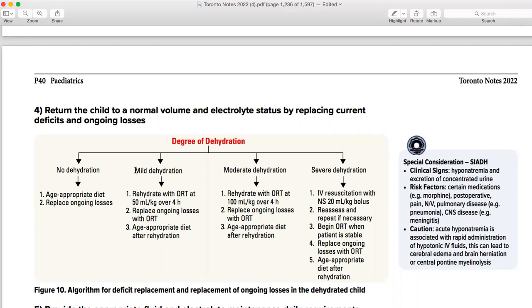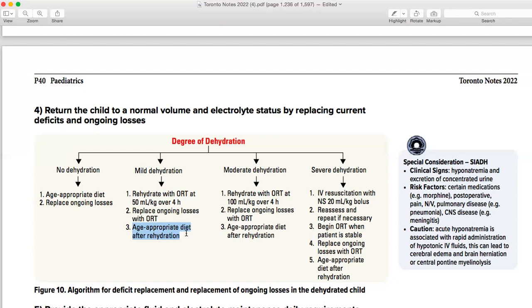Now comes the mild one. For mild, you have to start with rehydration with ORT, then replace the ongoing losses, and then an age-appropriate diet. You cannot ask a child who comes with mild dehydration to stop eating or stop taking the regular diet. You have to counsel: take the diet, rehydrate, and along with it, replace the ongoing losses.